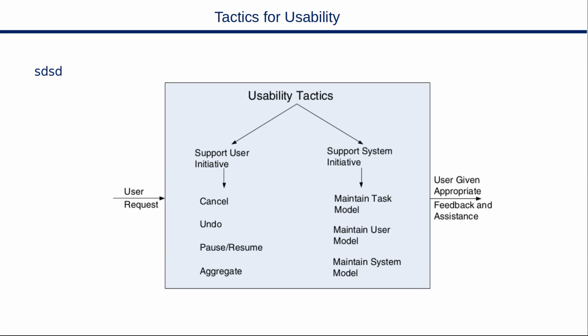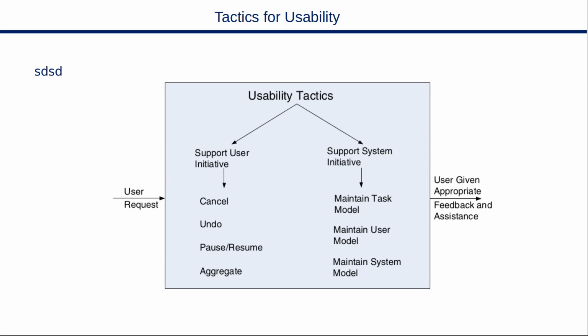Another tactic is aggregate. When a user is performing a repetitive operation or an operation that affects a large number of objects in the same way, it is useful to provide an ability to aggregate the lower level objects into a single group so that the operation may be applied to the group. Maybe some examples are needed here.